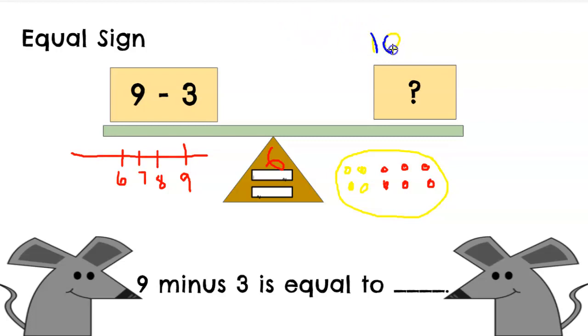So we have 10. And then I'm going to take away 4 because I want to have 6. So minus 4 equals 6. So here I can say my equation to balance out: 9 minus 3 equals 10 minus 4.